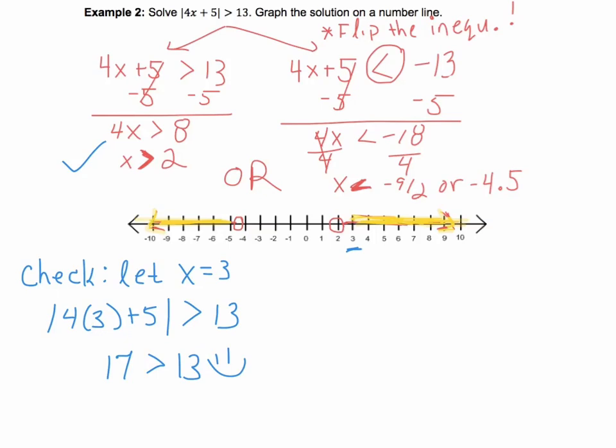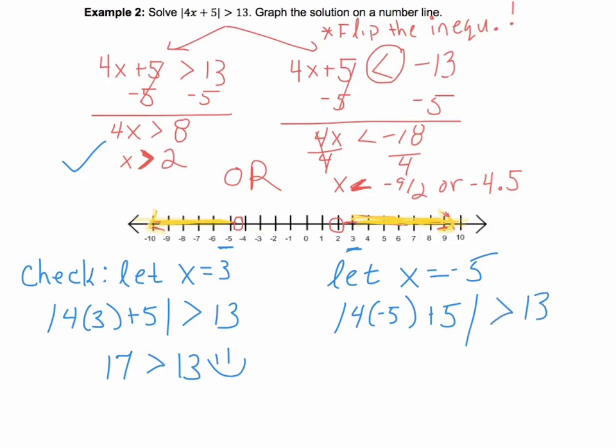To check the other solution region, I just need to pick a number that's smaller than negative 4.5. So like negative 5. So we're going to let x equal negative 5. So again, I plug it into the original equation. So I'll do 4 times negative 5 plus 5 in my absolute value symbols, and I'm going to hope that that's bigger than 13.